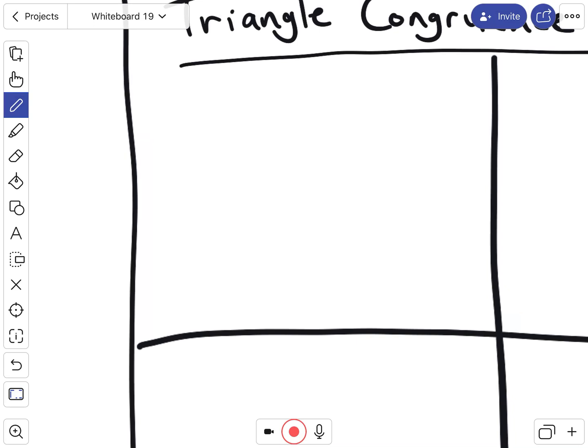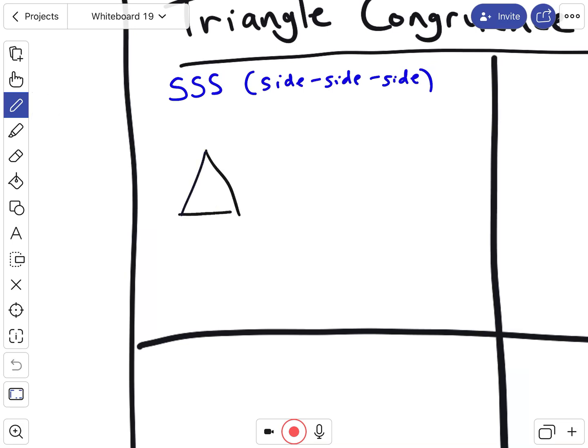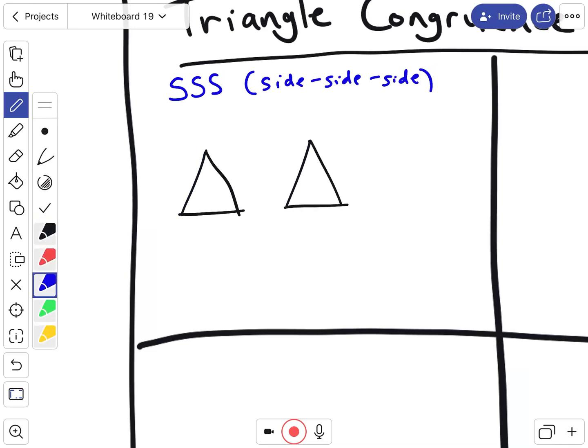The first triangle congruence theorem is going to be SSS, which stands for side, side, side. So I want you to create two congruent triangles, and go ahead and put a mark for one side, 2 marks for another side, and 3 marks for the other side.